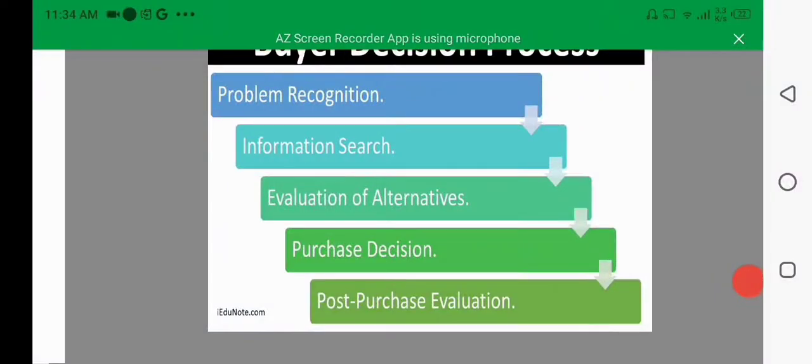How the consumer feels about the purchase slightly influences whether he will purchase again or not. So these are the stages the consumer goes through in the buying behavior decision process.